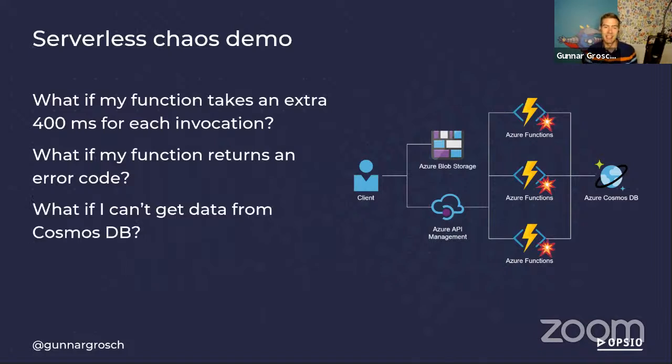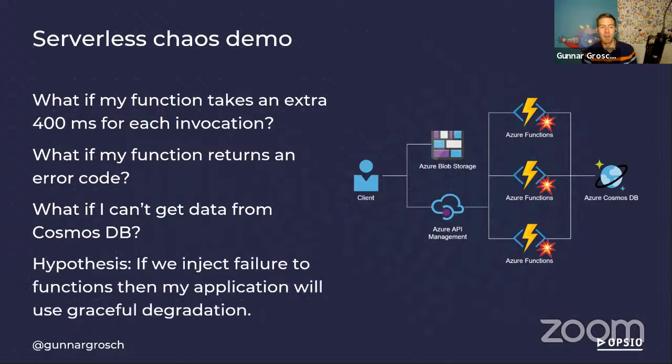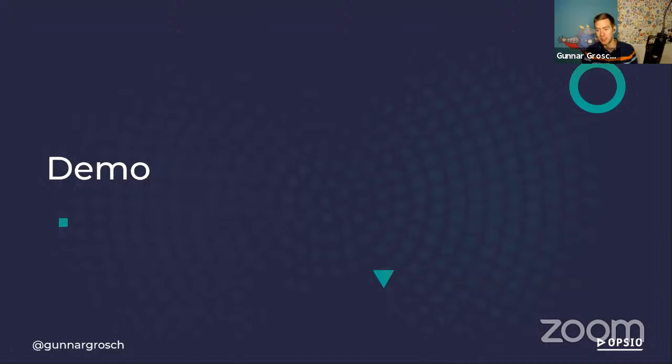What if I can't get data from Cosmos DB? So 3 different scenarios to create our experiments around. So the hypothesis is that if we inject failure to functions, then my application will use graceful degradation. So users of the app won't notice these issues. All right. So that brings us to the demo.